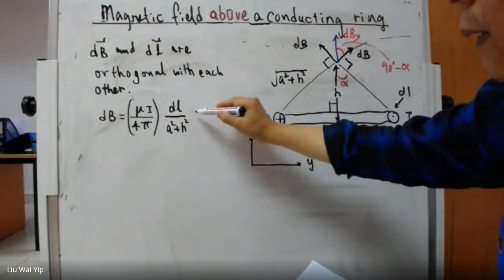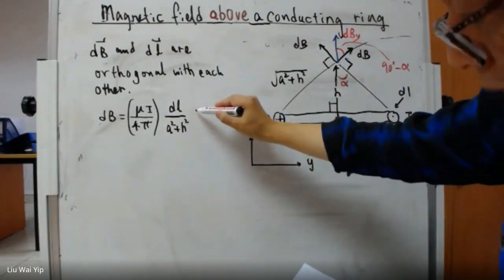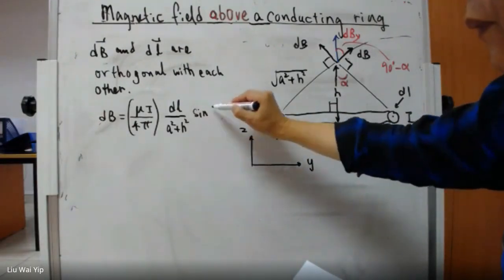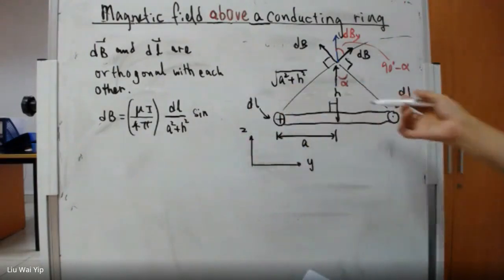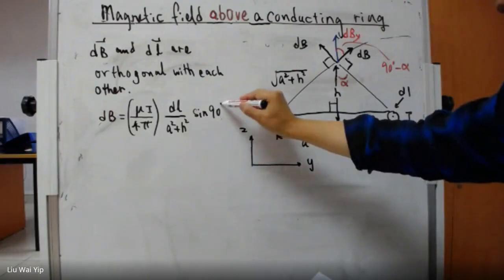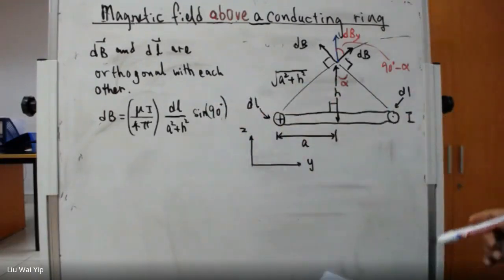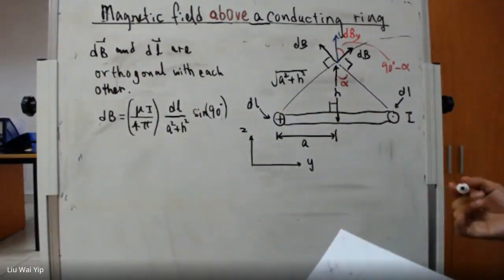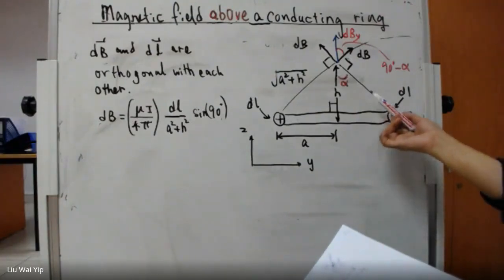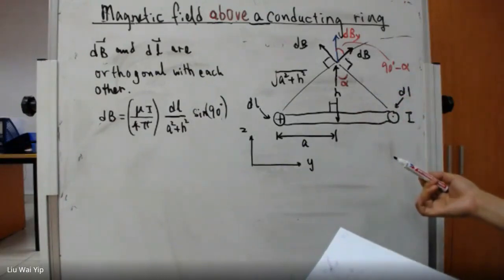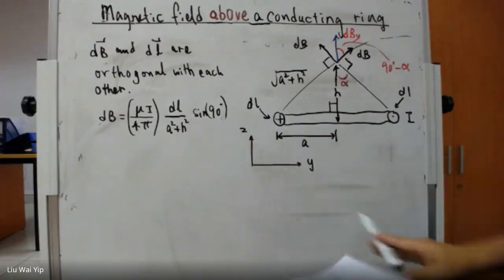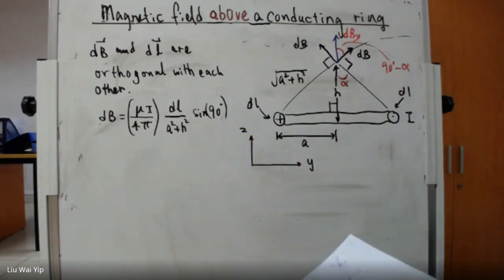And then sine theta, where theta is 90 degrees anyway, so sine 90 degrees will be 1.